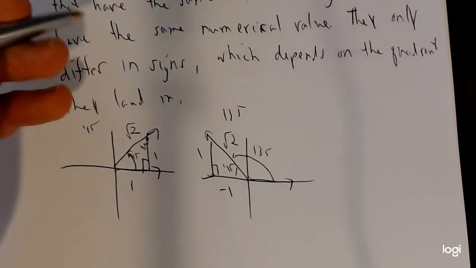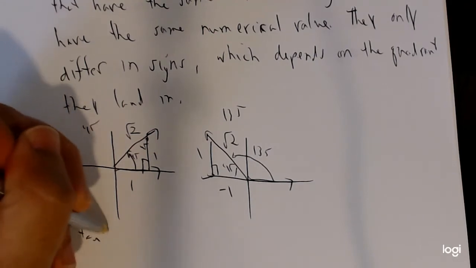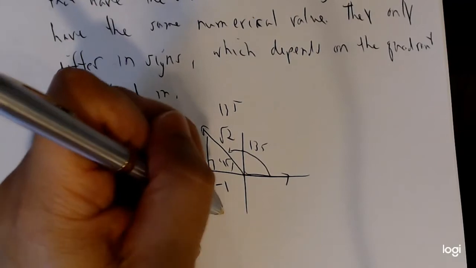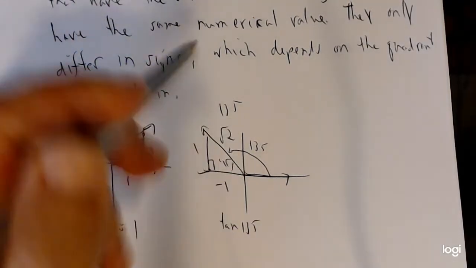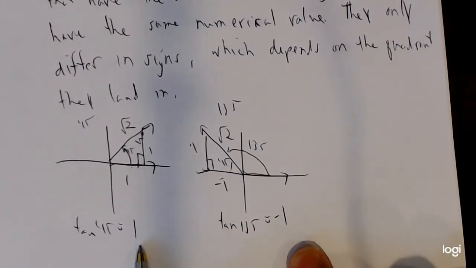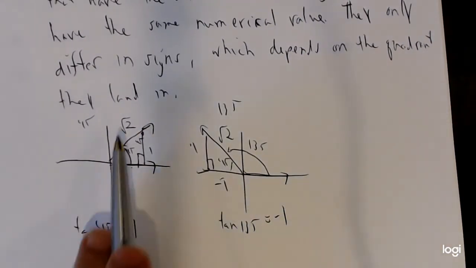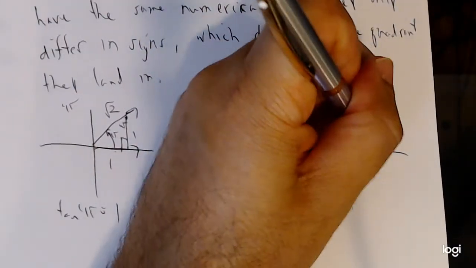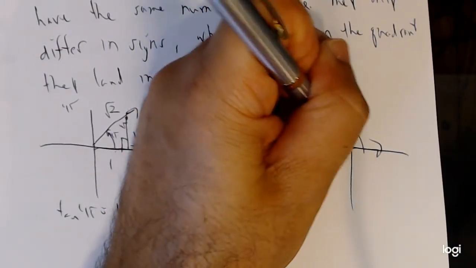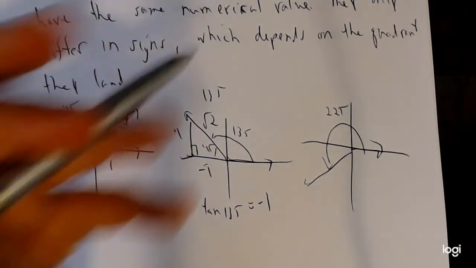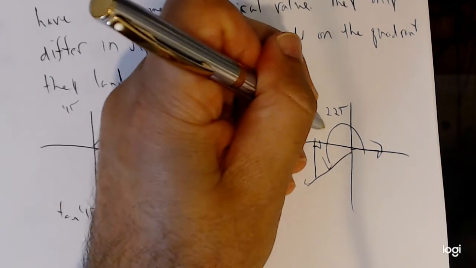So for instance, tangent of 45, which is y over x, I get 1. Tangent of 135, which is y over x, I get -1. Notice how they both have the same numerical value, except in quadrant 2 tangent's negative, but in quadrant 1 tangent is positive. So what do you guess, for instance, tangent of 225 would be? The numerical value will be 1. Now, whether it's 1 or -1, we'll see in a minute, but this is -1, -1, root 2, right?